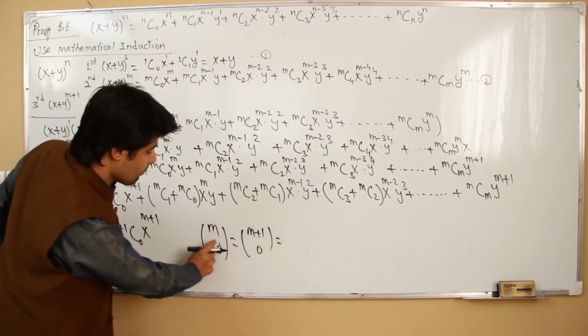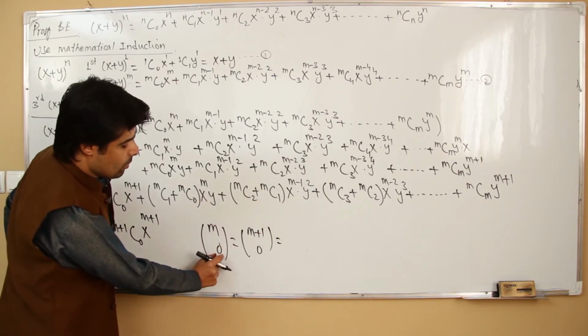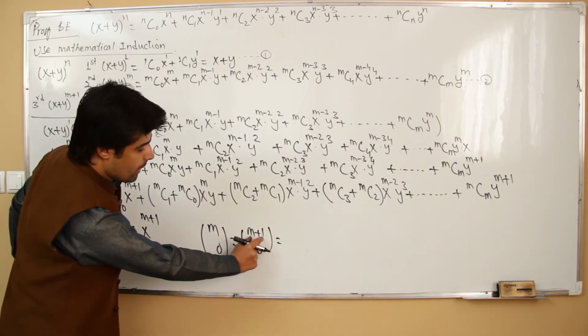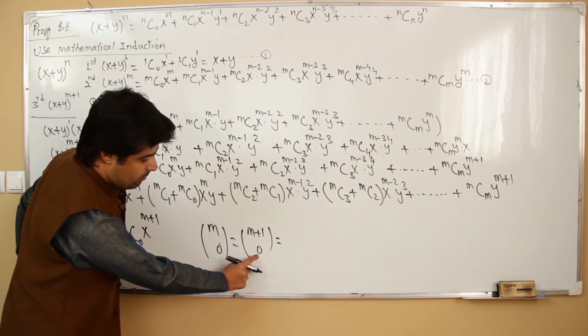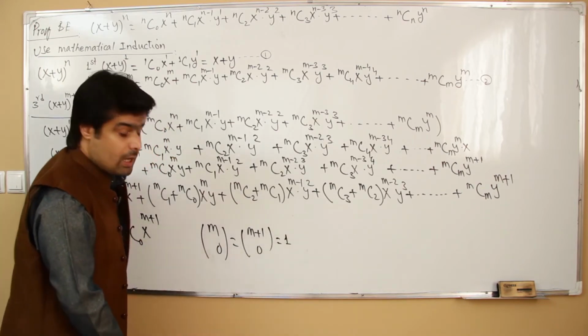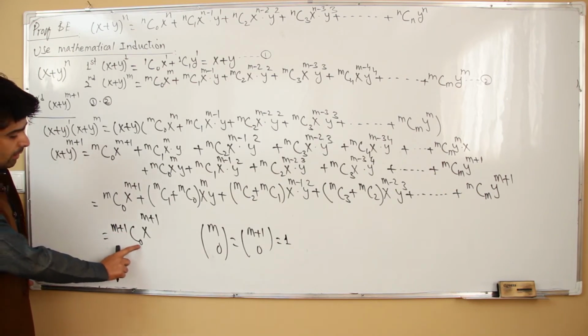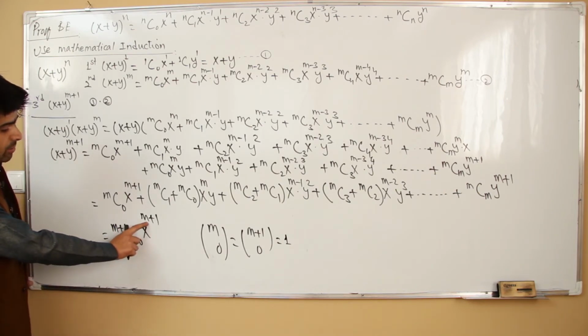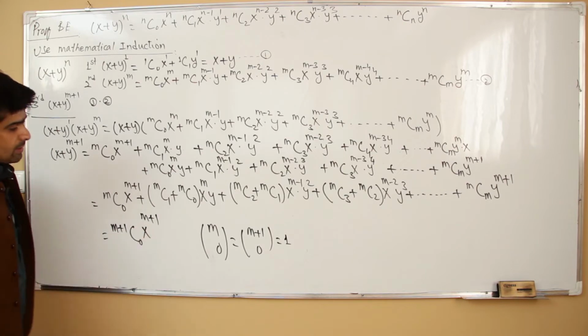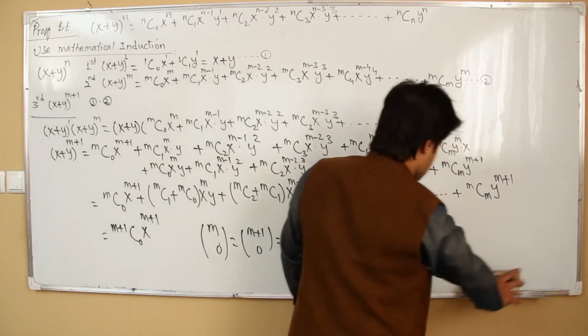Both are the combination of m number by 0 or m plus 1 number by 0, it's 1. It means you can write mC0 like m plus 1 C0 times x to the power m plus 1. Yes, it's correct.